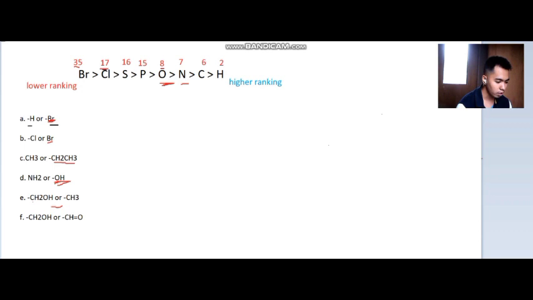Obviously, CH2OH ranks higher than CH3 because CH2OH has oxygen, which has an atomic number of 8, and carbon only has an atomic number of 6.